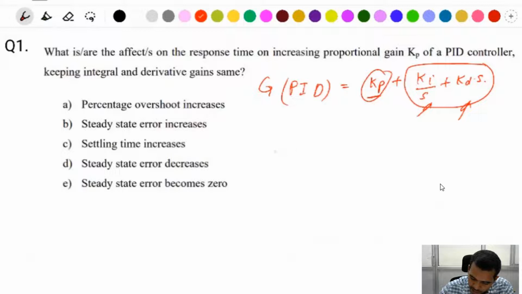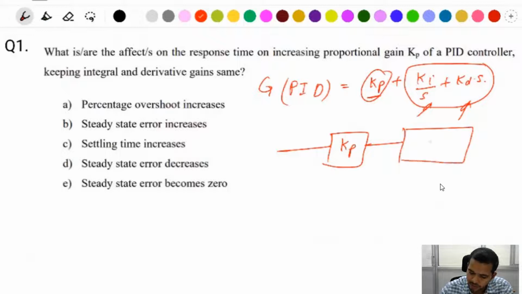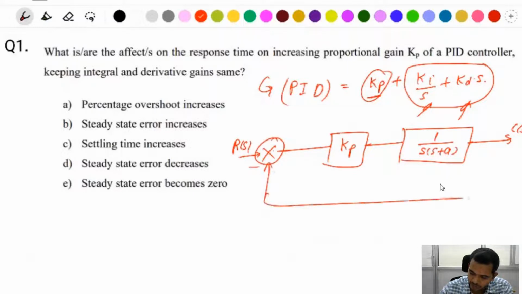If you have a system, again only Kp is applied. This is one plant, S plus A something. This is R(s) input, this is output. Feedback system.